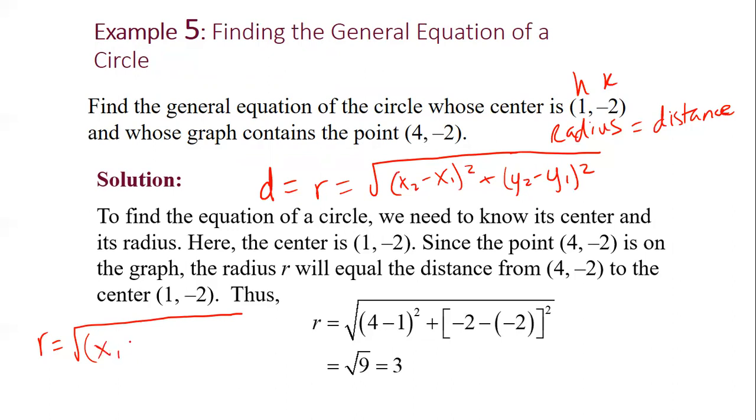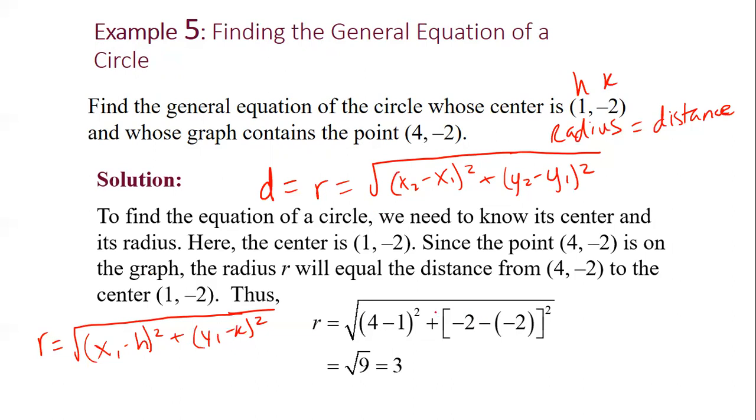Yeah, x1 minus h squared plus y1 minus k squared, or vice versa. But it's just saying that it's your given point minus the values of your center. Does that make sense? They're all the same variation. I just stick to the traditional distance because it works either way. You're just finding the distance between 2 points.